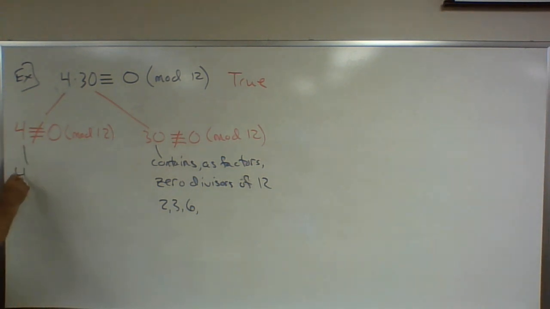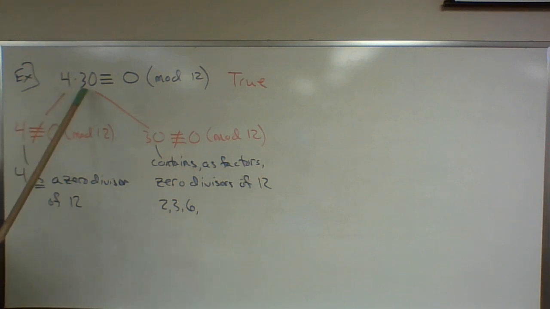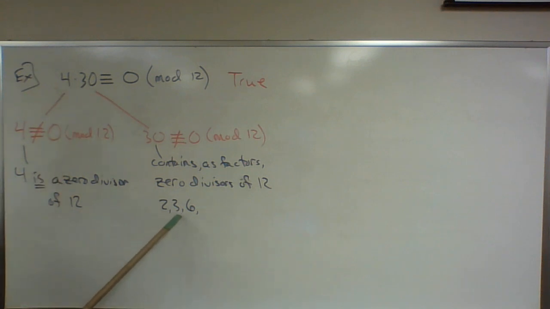4 is a zero divisor of 12. So essentially, we do have the product of zero divisors. We have 4, which is a zero divisor of 12, times 30, which contains as factors 3 zero divisors of 12.